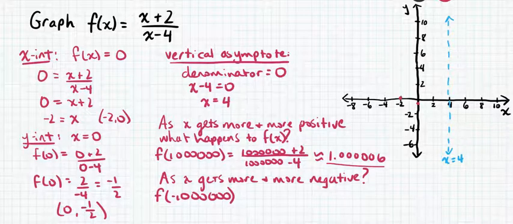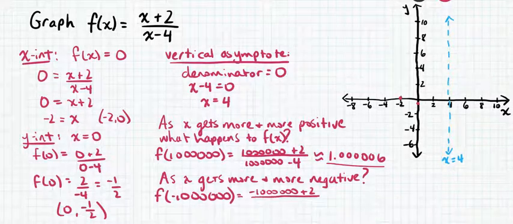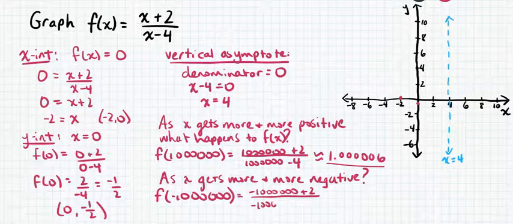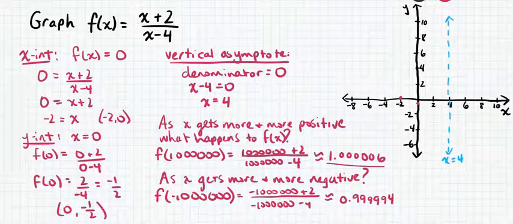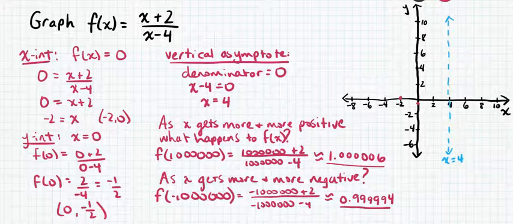So as x gets more and more negative, so we're going to the far extreme left side of our graph, then we get negative 1,000,000 plus 2 divided by negative 1,000,000 minus 4, and that gives us approximately 0.999994. So again, a value that's very, very close to 1, but this time it's just a little bit below 1.